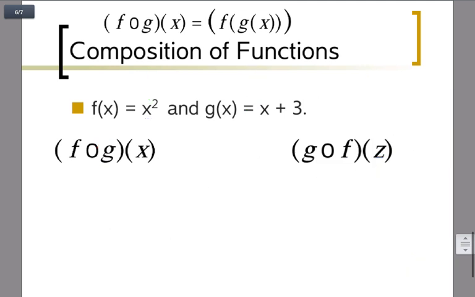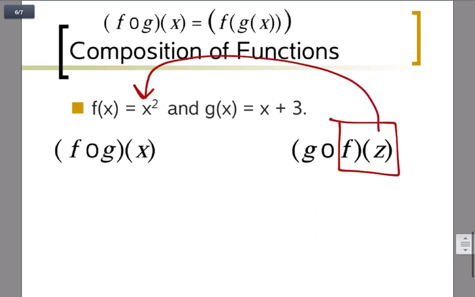You're going to see more problems like the second one because you won't actually have the FOIL. This one has g of f of z, which means that I'm supposed to take z and plug it into the f function. So I take z, put it over here where there's an x. Well, x squared is replaced with z squared, and so my answer for that one is z squared.